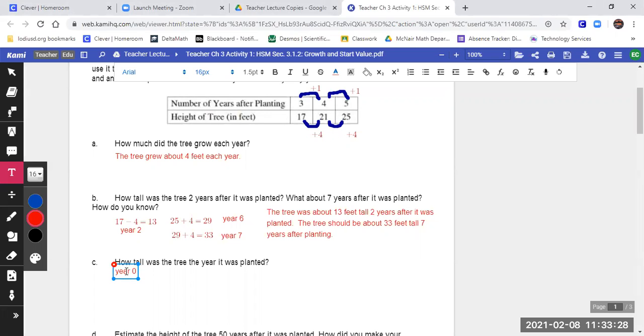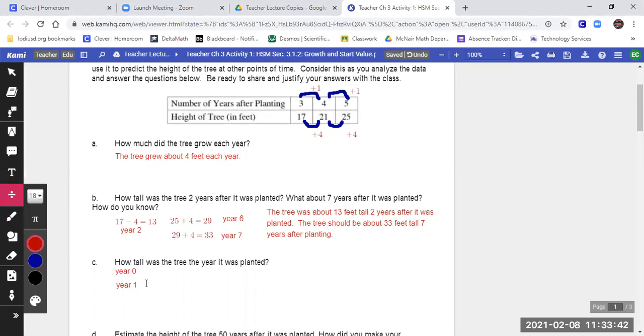Okay. Only catch. Do we know year 1? Do we have year 1? No, we do not have year 1. Could we find out year 1 by doing something to the numbers we've already done? What are we going to do to find year 1? Because we need year 1 to find year 0. Subtract what?